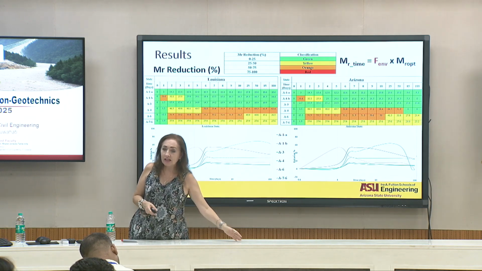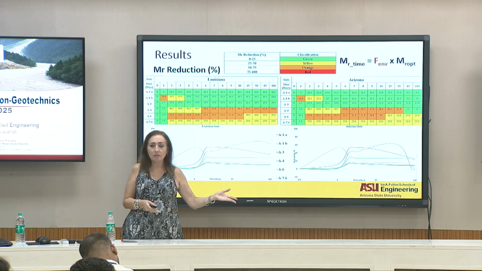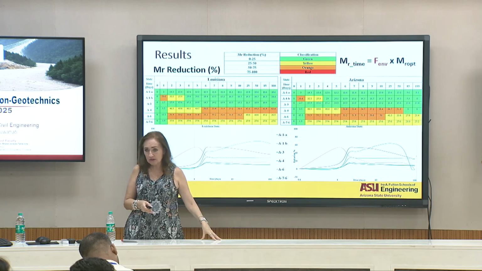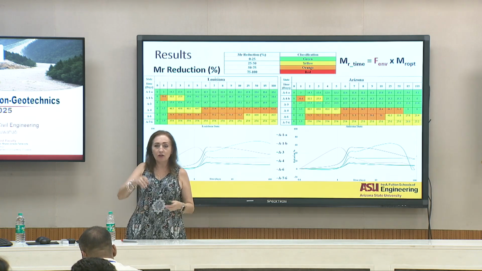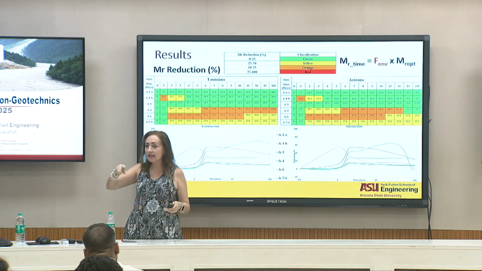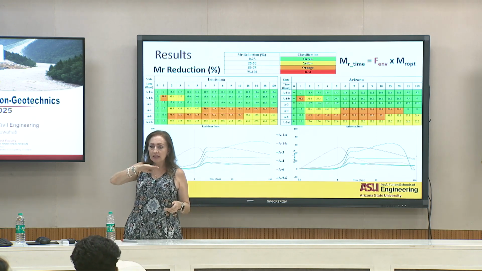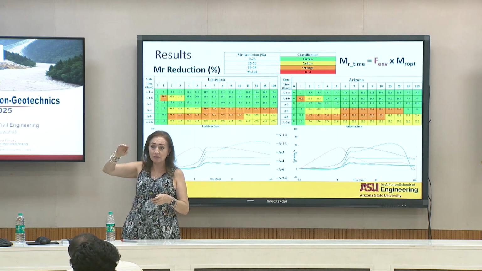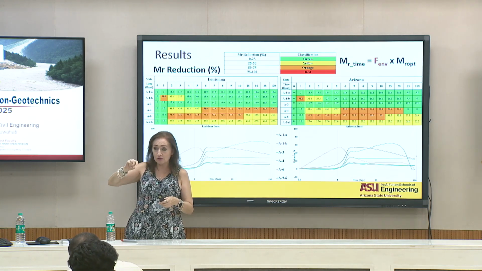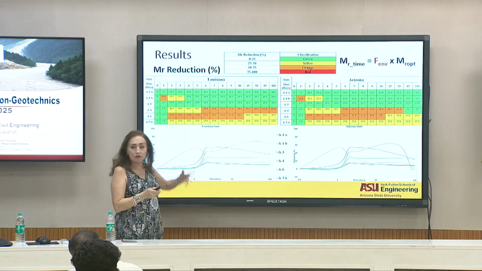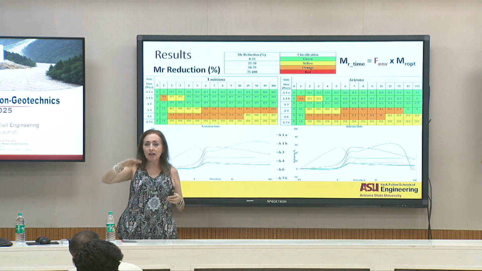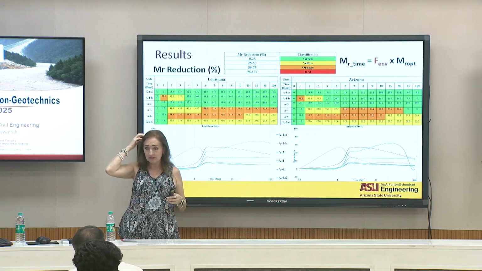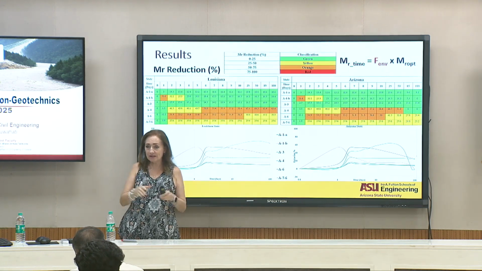AASHTO 93 is an old method, but a lot of people use that one. Or you can run a new design guide, and basically figure out how much rutting you're going to get if you reduce the resilient modulus to the maximum reduction value that you see here. This is for the loss of capacity.